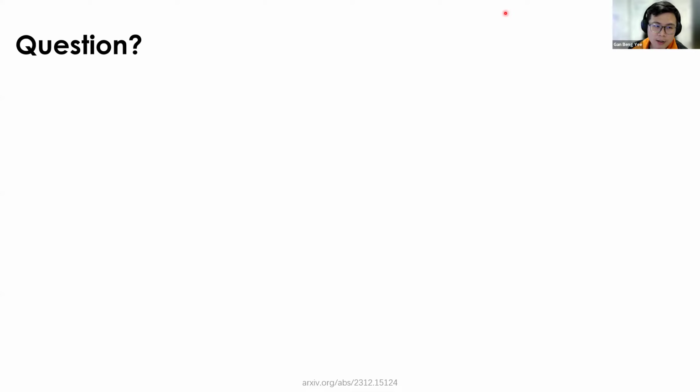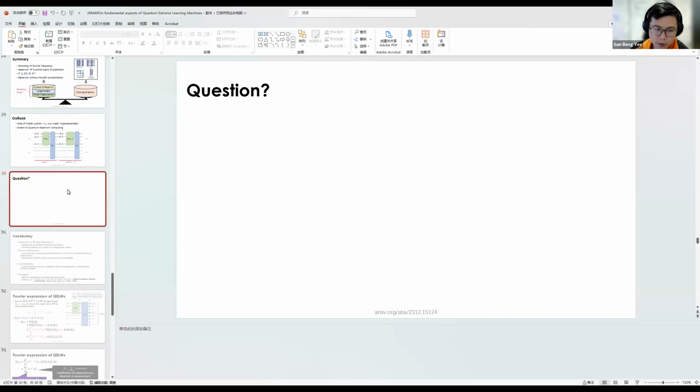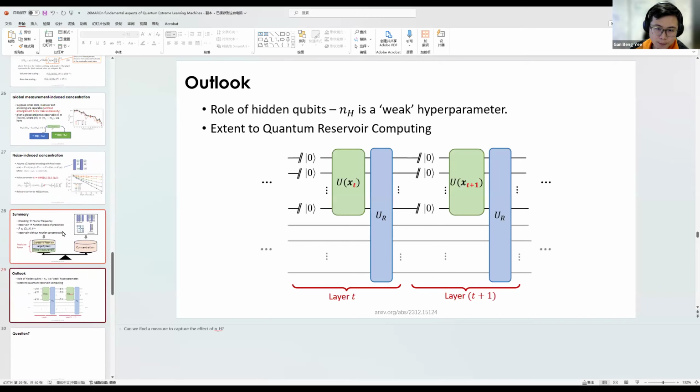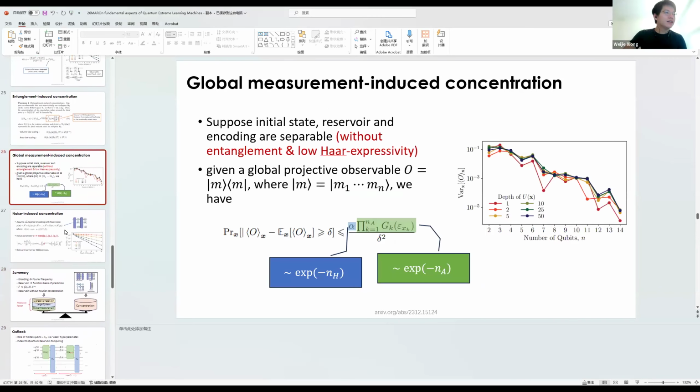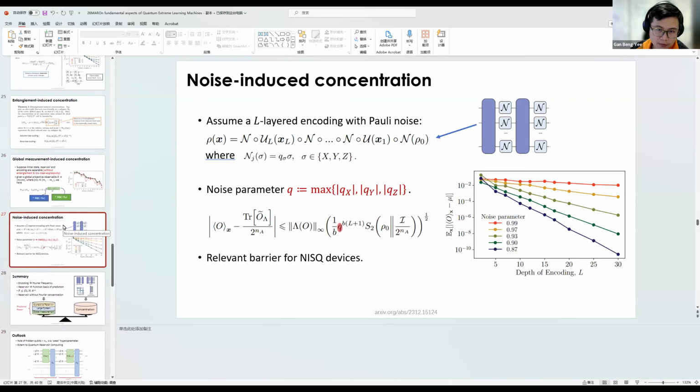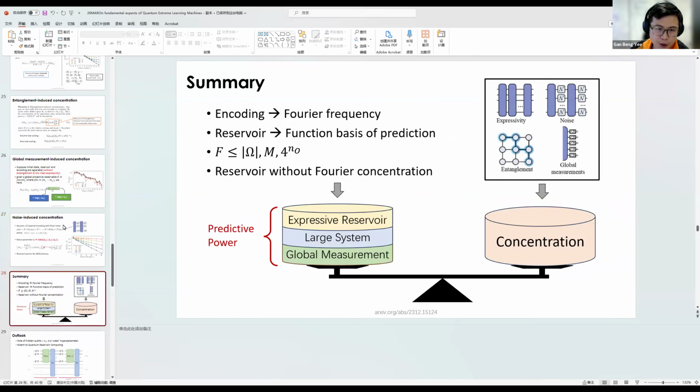You are investigating the trainability of quantum extreme learning machines, right? There are different ways to induce concentration, like entanglement, noise-induced, or global measurements.